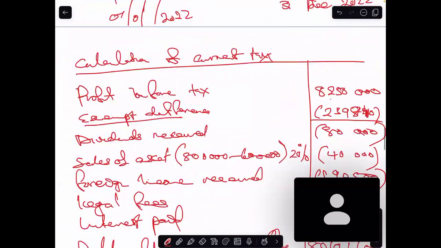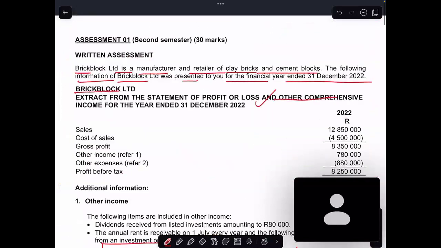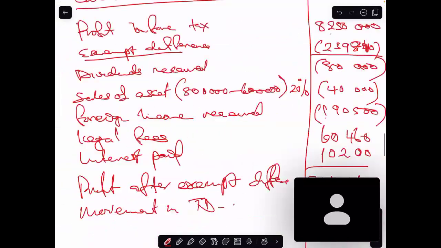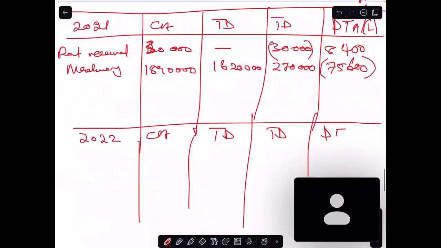Starting from income, even in 2022, we still have rent received in advance. How much of it? In 2022, it was 72,000 times 36. 36,000.